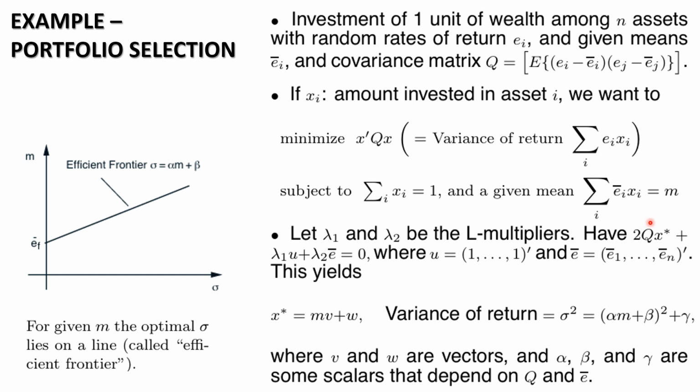So let's consider this in the form of a Lagrangian formulation. Define the Lagrangian function with 2 Lagrange multipliers, lambda 1 and lambda 2.